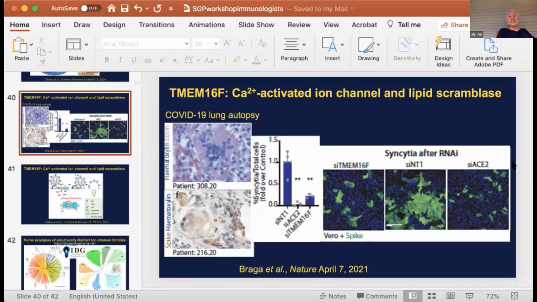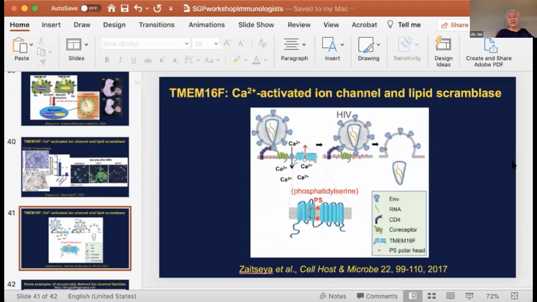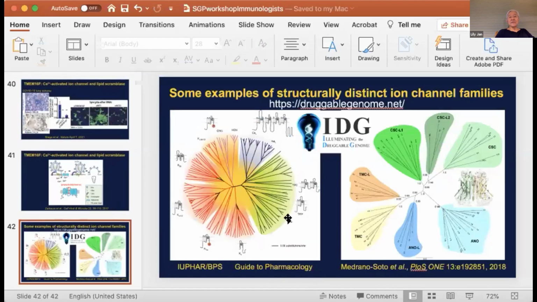Right. So all three types are structurally very similar. They are in the same family. And you can see it's a huge family, and different family members clearly have variations in terms of the voltage dependence.